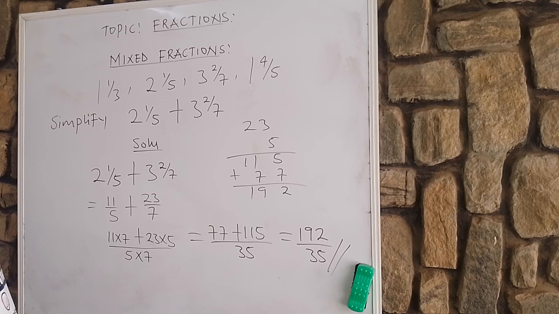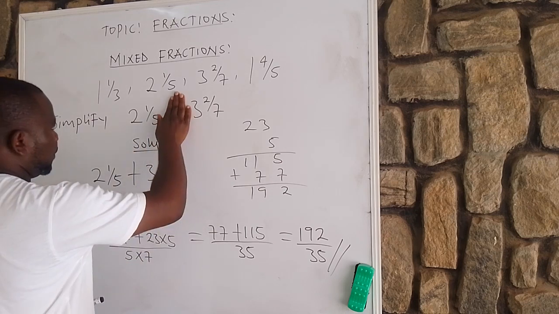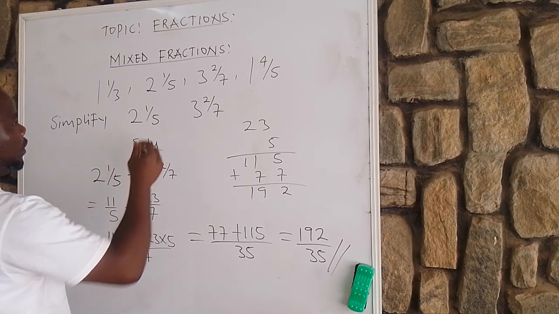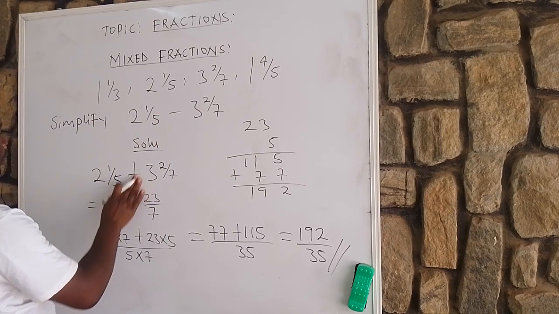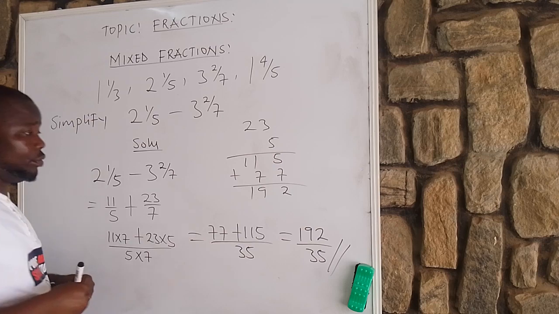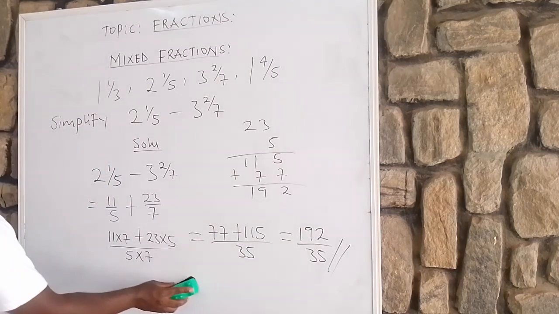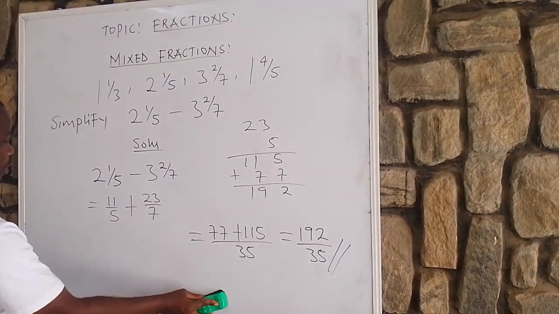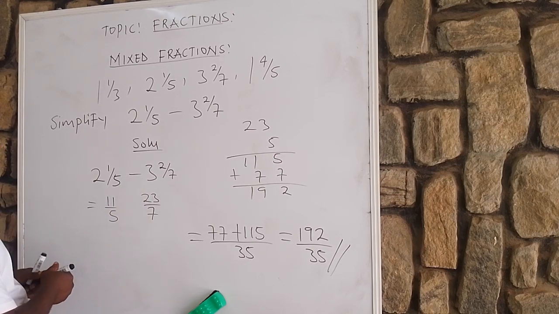So let's consider minus, subtraction, sorry. If here is minus, it is the same approach. It means here will be minus, isn't it?